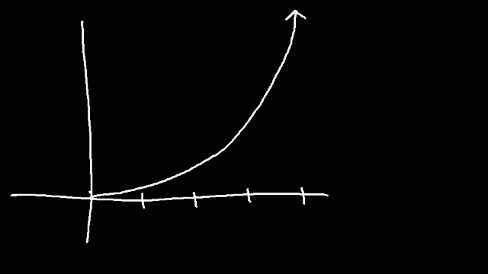So let's say this is the curve. So this is 0, 2, 4, 6, 8. So n is 4 in this example. And let's graph it using the left endpoints first.